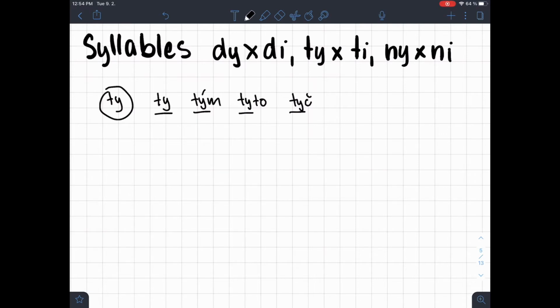And similarly to the di, the second syllable, written as t and the soft I, měkké I, will be pronounced as the t with the hook. So, t and I together, ti, ti. Here are some example words.